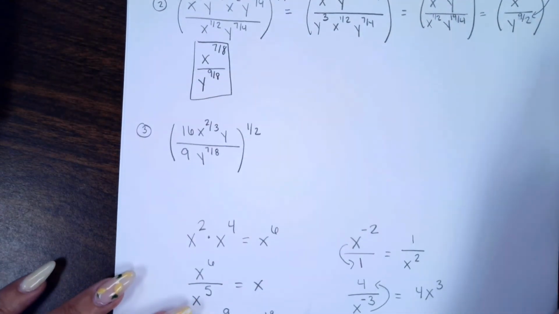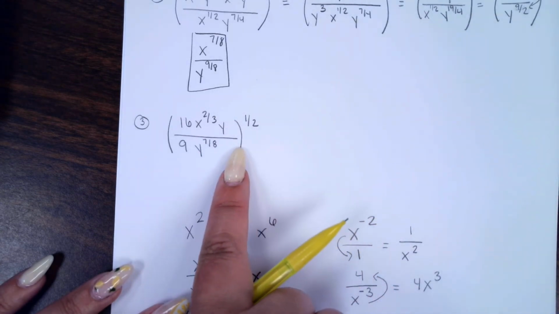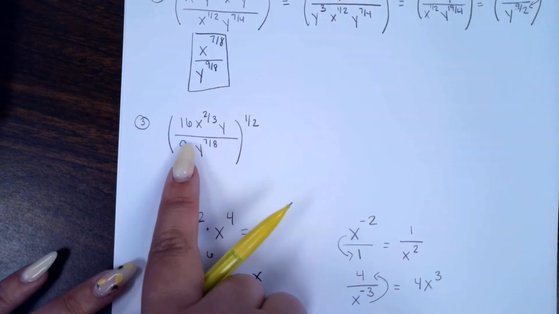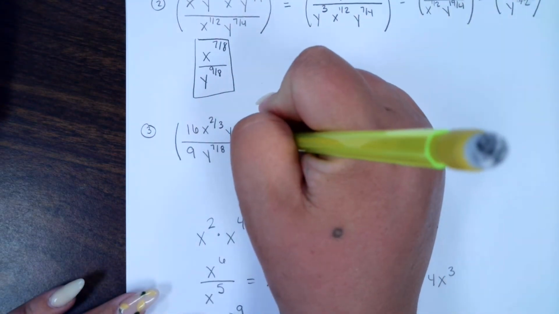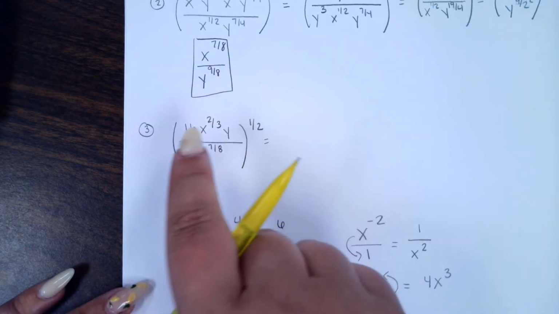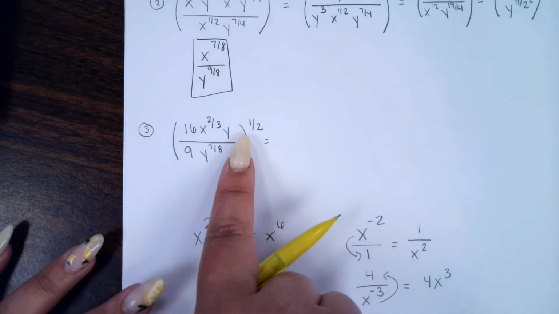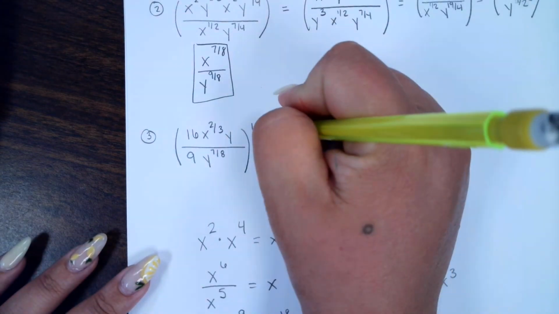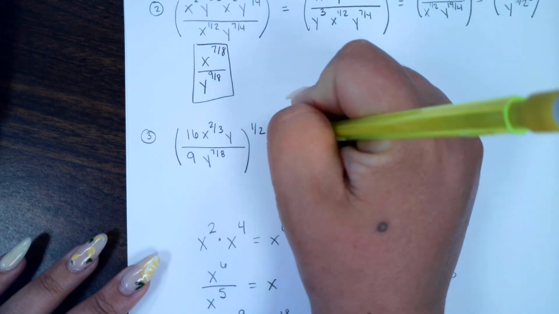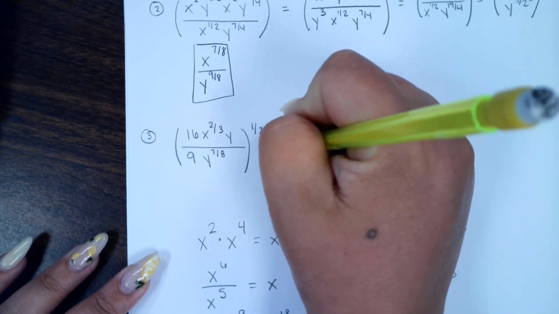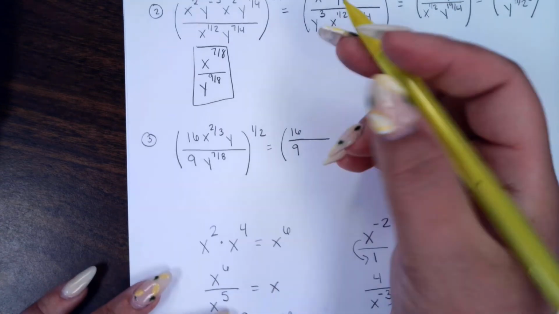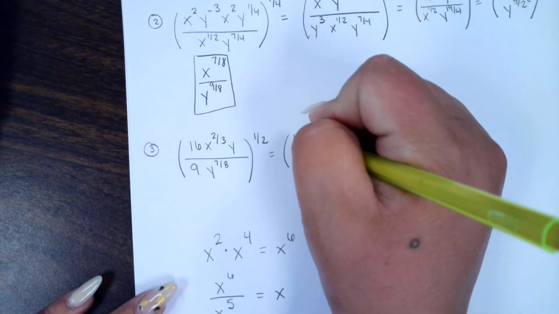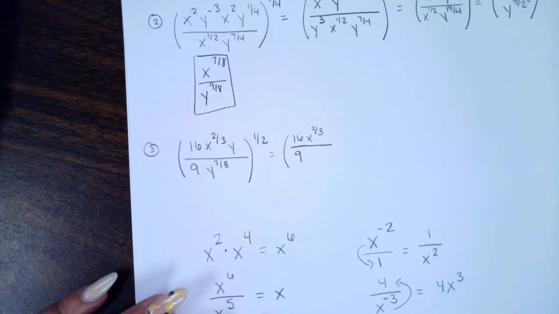All right, let's look at number 3 here. So number 3, I've got a fraction, I've got some y's. So I'm going to simplify my variables first, and then we'll deal with this exponent on the outside. So I'm just going to leave this 16 over 9. And then we only have an x to the 2/3 on top, so I'm not going to touch that.